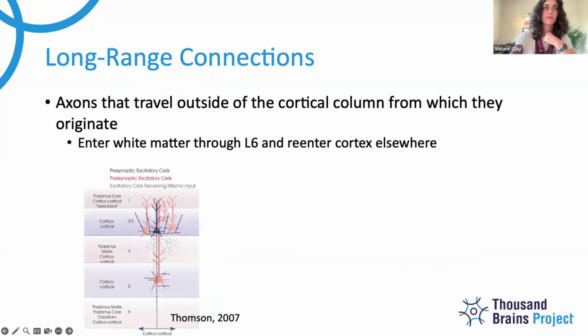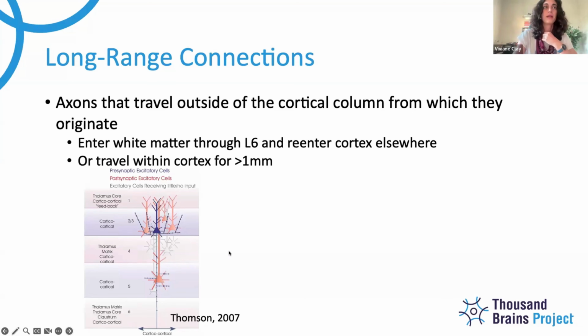We have a pyramidal neuron in layer 2-3, and then it sends an axon all the way down. And then we have a cortico-cortical connection, just indicated here, which means a connection from one area of the cortex to another area of the cortex. So this axon would then travel to some other column, go back up and connect somewhere.